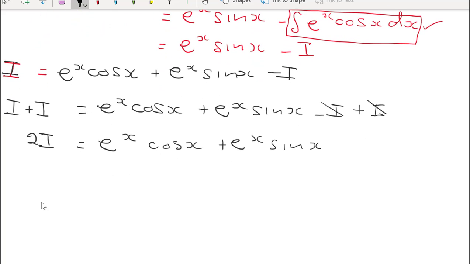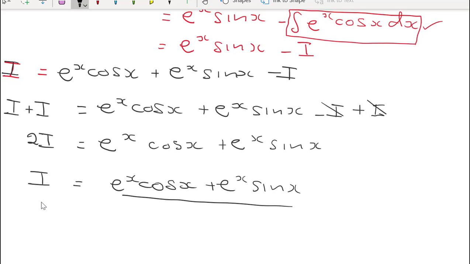So solving for I yields I is equal to e raised to the x cos x plus e raised to the x sine x over 2.